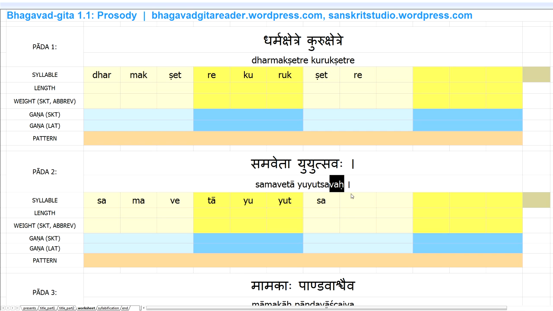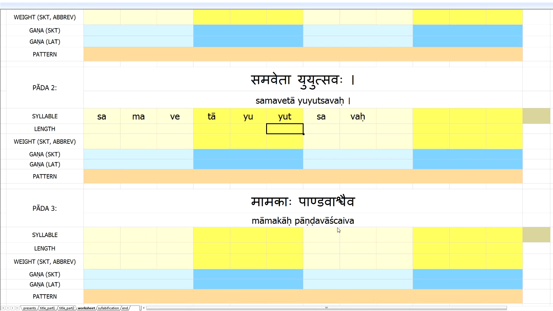And as usual, the visarga following a vowel is always teaming up with a vowel. So vah. That's pada number 2.